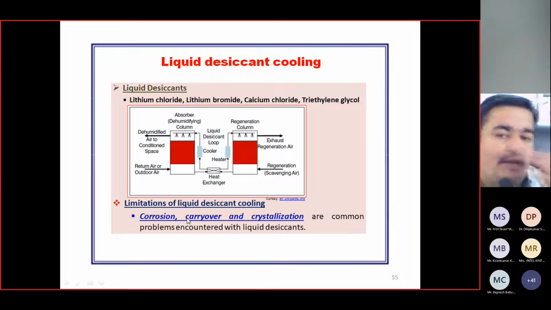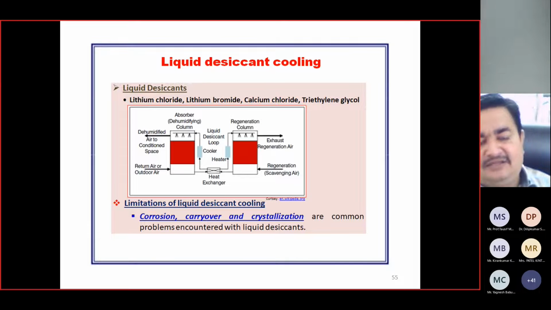First of all, we have to discuss the working of a liquid desiccant dehumidifier. By its name, desiccant, whether lithium chloride, lithium bromide, calcium chloride, triethylene glycol, etc., these desiccant materials are used in their liquid state, and the process is chemically called absorption.